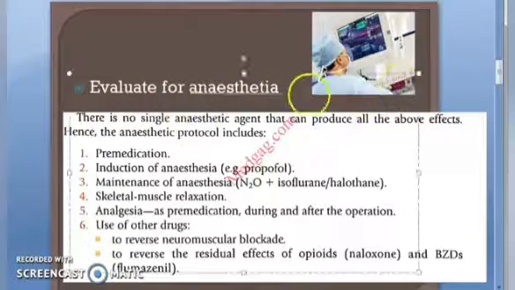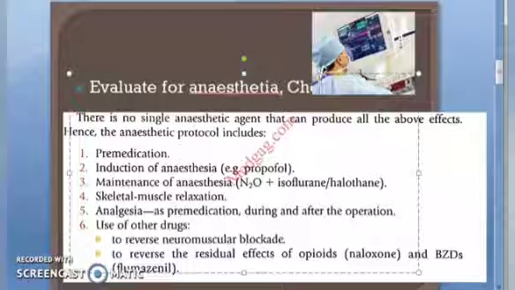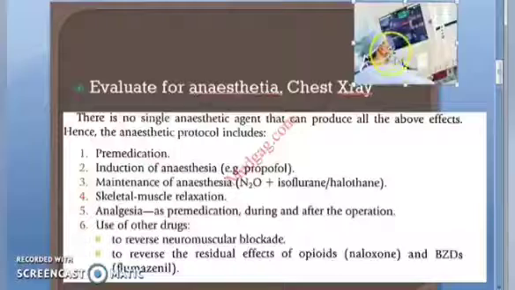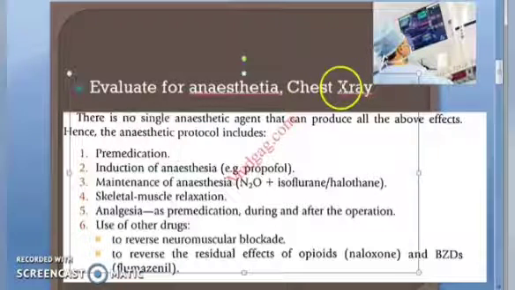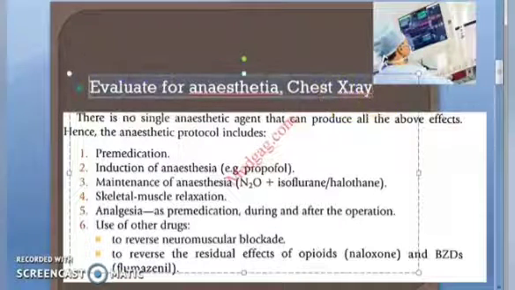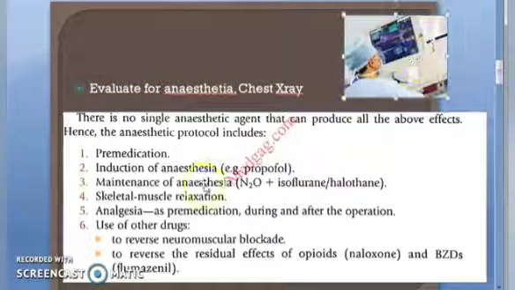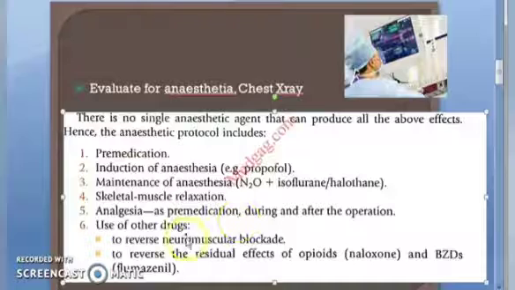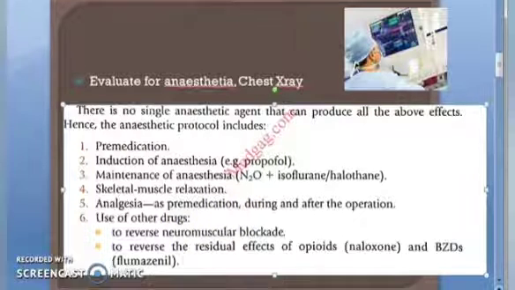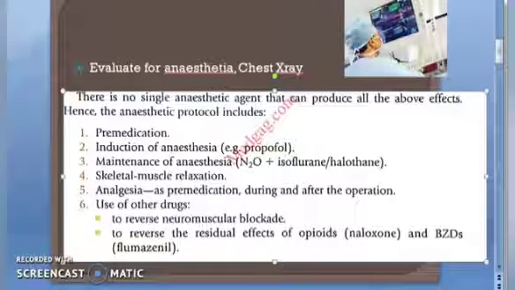They will do a lot of checkups like chest x-ray. They will check the comorbidities, glucose level and all that, okay? So this they have not mentioned here. If you want, you can write that. So then pre-anesthetic medications are given like to reduce anxiety and all that.